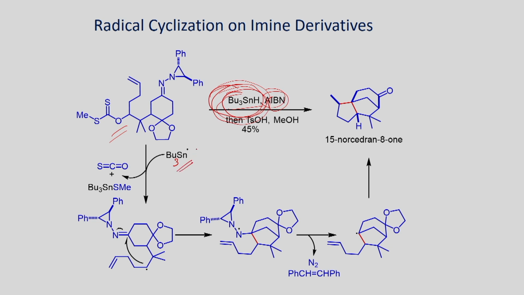Once you form the tributyl tin radical, this radical can react with this carbon-sulfur double bond, and you will be able to form this intermediate. Once you form this one, now it can undergo homolytic cleavage.